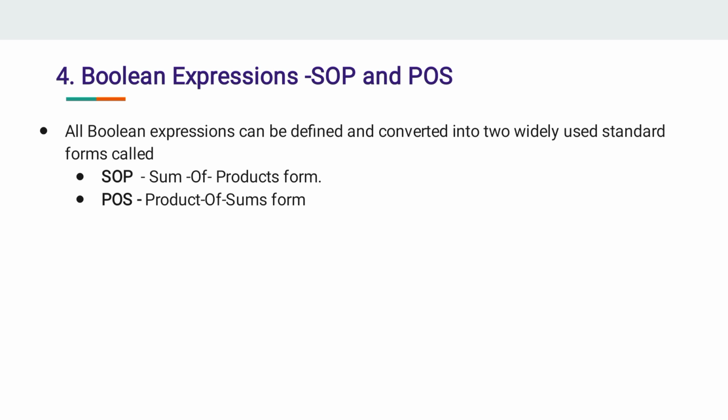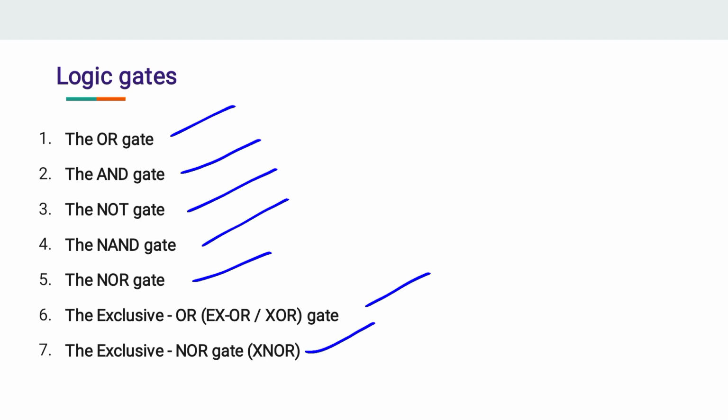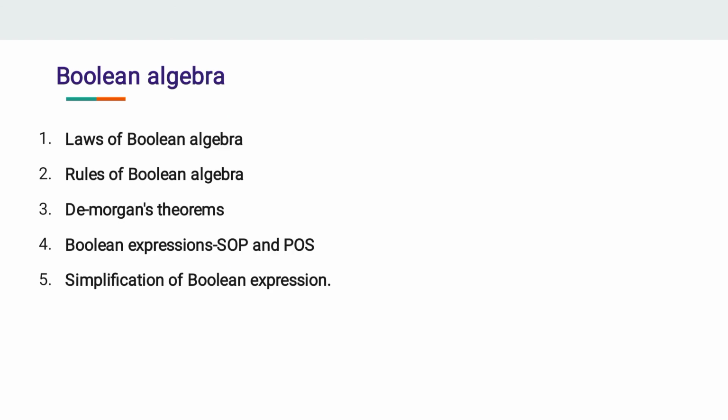By this we completed the OR gate, AND gate, NOT gate, NAND, NOR, exclusive OR, exclusive NOR in the logic gates, and in Boolean algebra, the laws of Boolean algebra, rules, De Morgan's theorem, Boolean expression, SOP and POS.